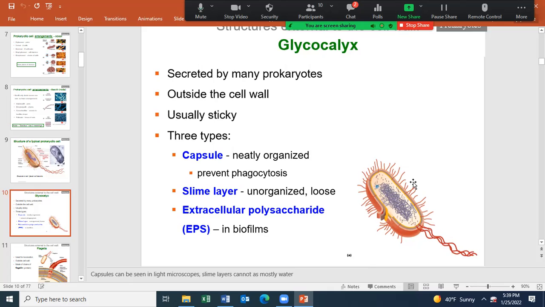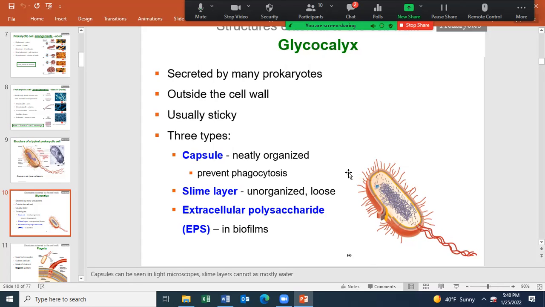The glycocalyx is secreted by many prokaryotes, but certainly not all prokaryotes, and probably less than half of prokaryotes have a glycocalyx. It's outside the cell wall, it's secreted, it's usually sticky, and there are 3 different types of glycocalyx.